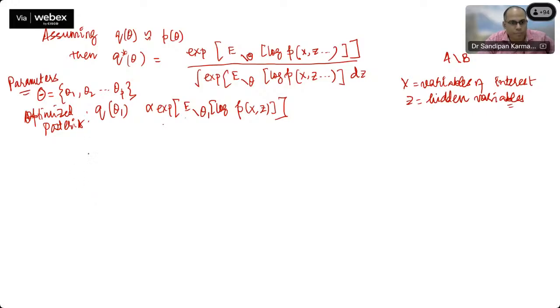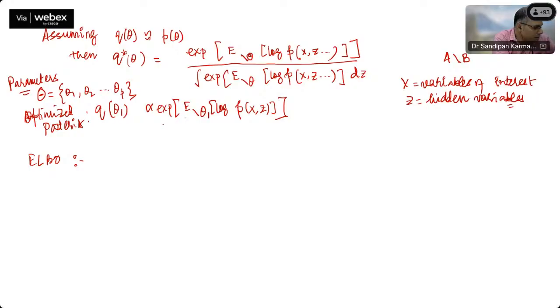Q theta 1. Okay, now another one is the ELBO. Okay, so evidence lower bound. So how is the evidence lower bound found out? You have to look at what is the expected value of the true posterior, and what is the expected value of the approximate posterior. Okay, so let me just take 1 minute.